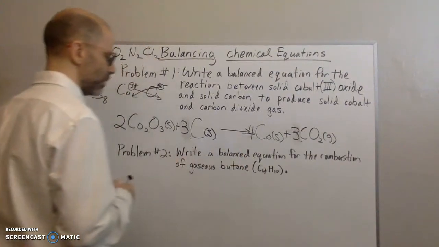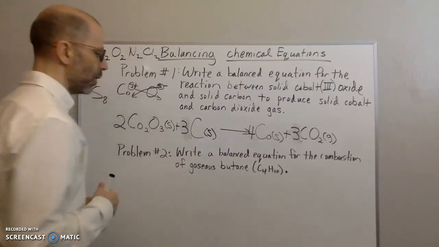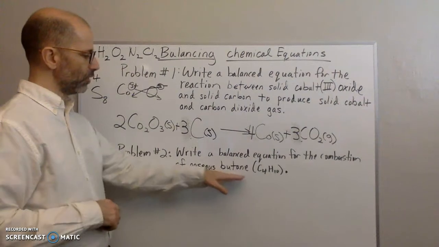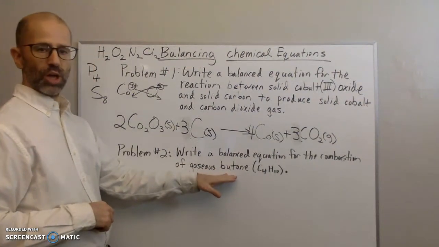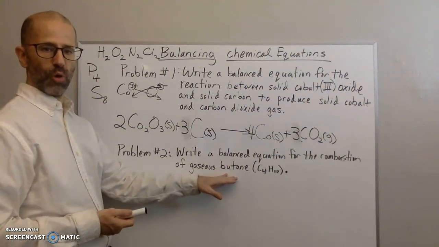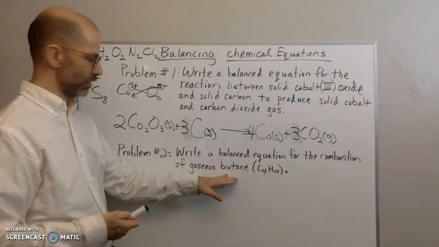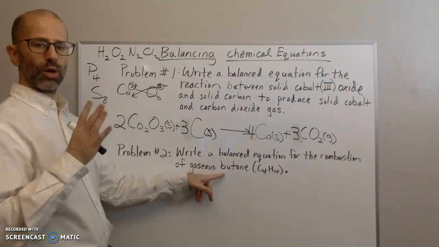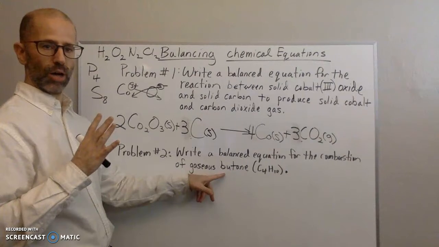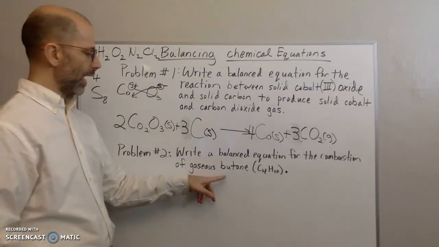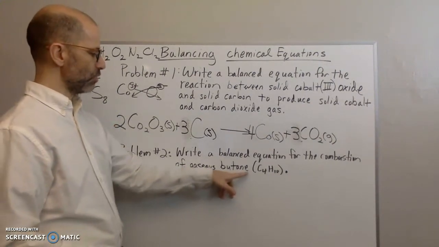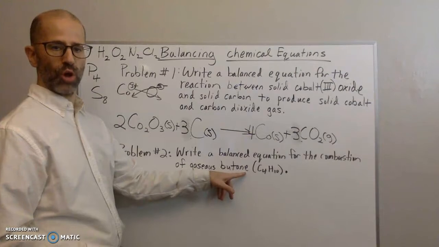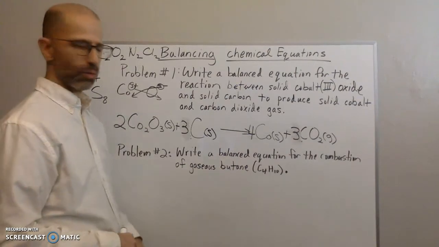So if it's combustion, they give us the formula, but if you remember from a previous video on the naming of hydrocarbons, you would remember that BUT stands for 4 carbons, that you have a 4 carbon molecule, and A means you have no double or triple bonds, so it's all single bonds.